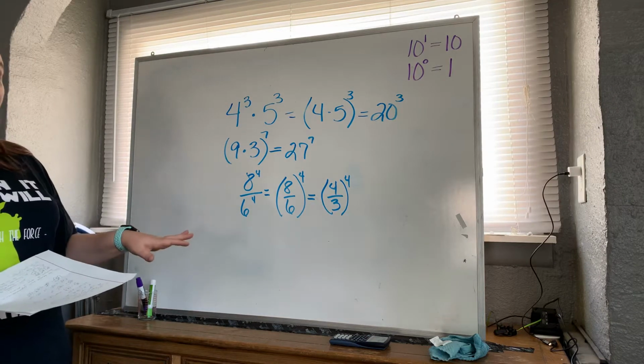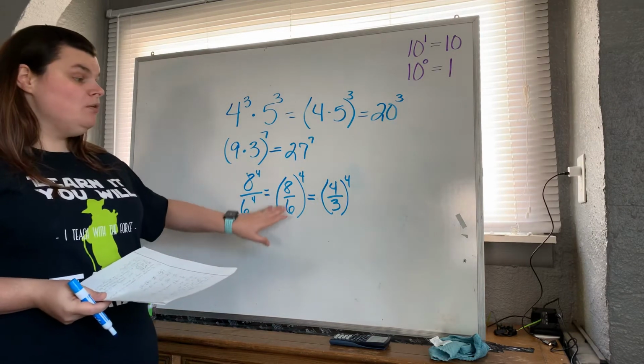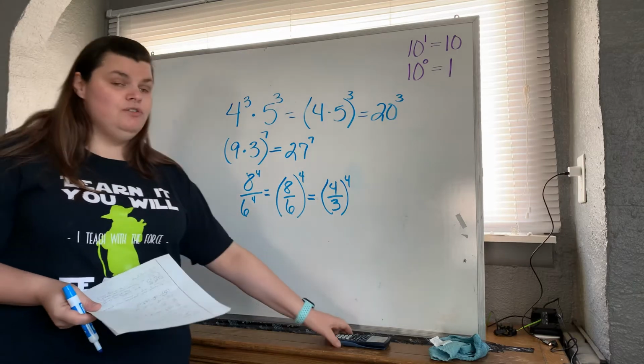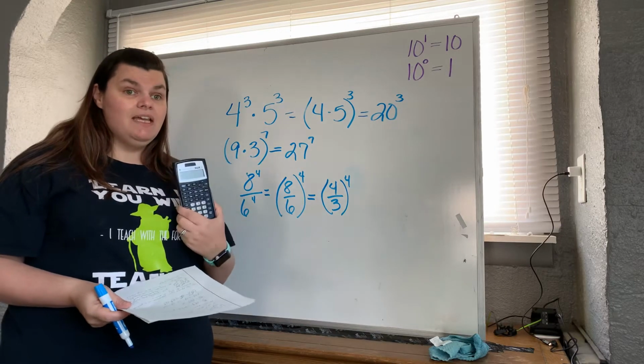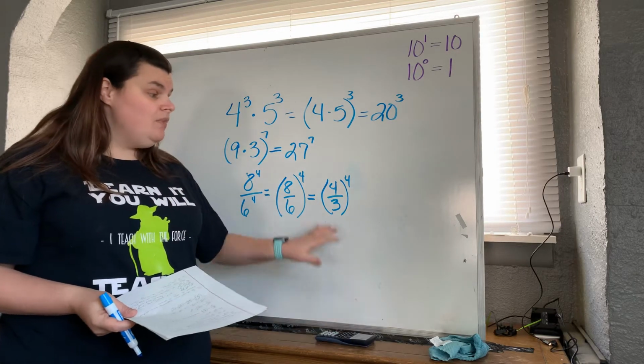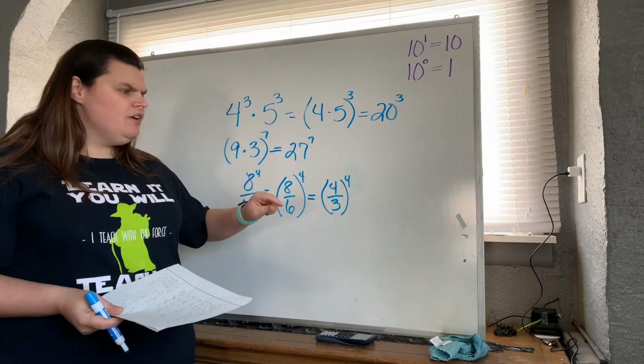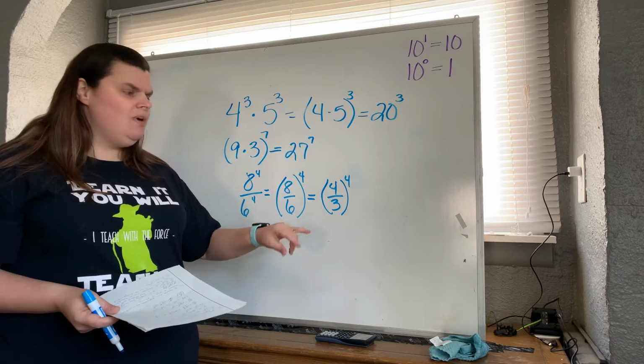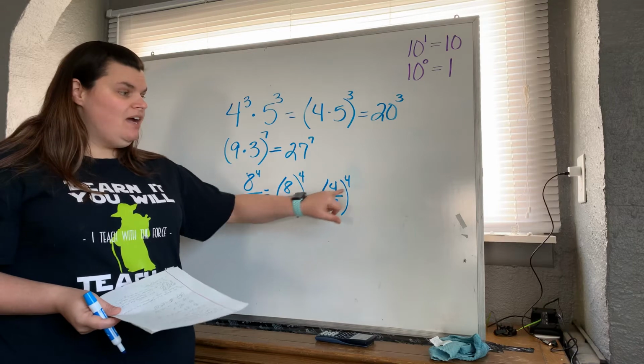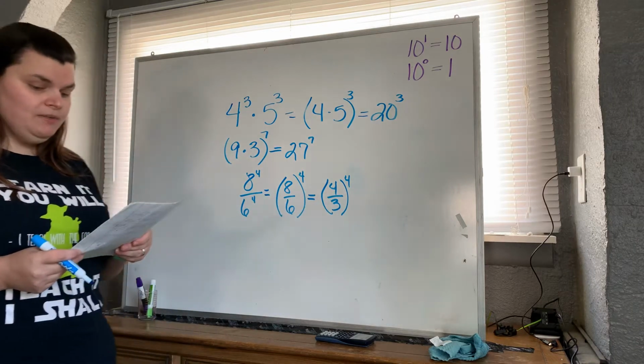All right, so if you don't remember how to simplify a fraction, use your calculator. If you have one like this, it's the ABC button. And I know some of you have the other kind, but you have that fraction button on there. So you just simplify it, and then you leave it to the 4th power.